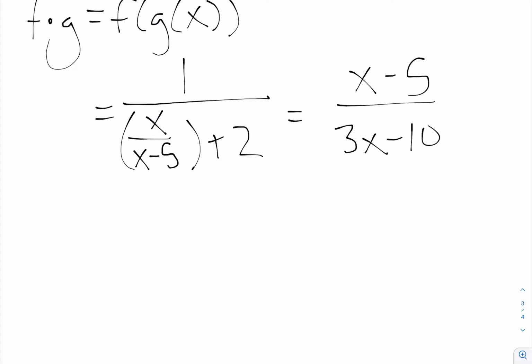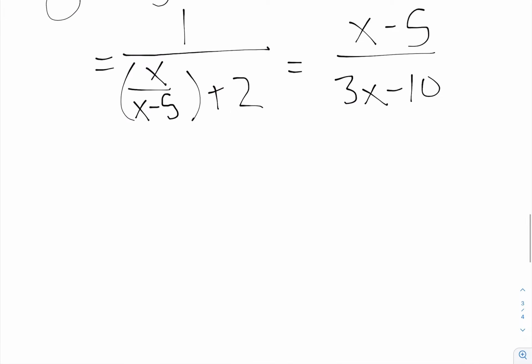We're fairly used to a rational expression like this, and if we were to interpret it graphically, the way we could think of it is this 3x minus 10 here. If this bottom is equal to 0, then that means there's an asymptote there. So if we say 3x minus 10 equals 0, then x equals 10 over 3.